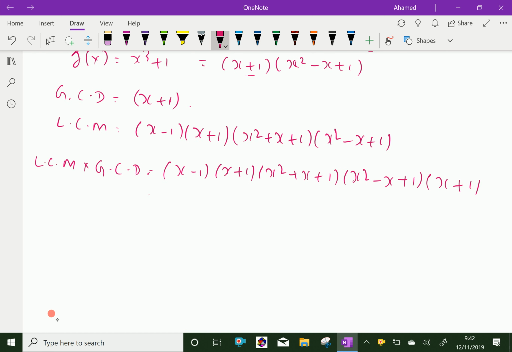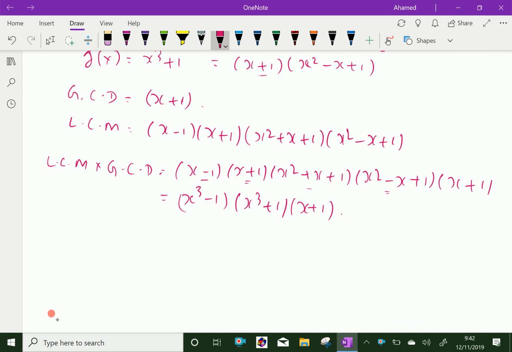So let us split here: first x minus 1 into x square plus x plus 1 gives x cube minus 1, and x plus 1 into x square minus x plus 1 is x cube plus 1, then that extra thing is x plus 1. So this is the product of LCM and GCD.